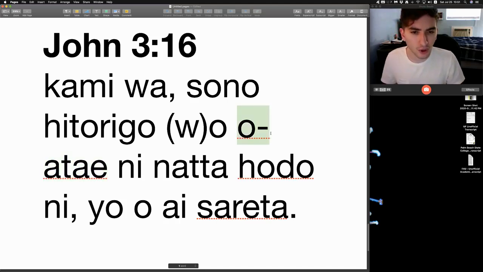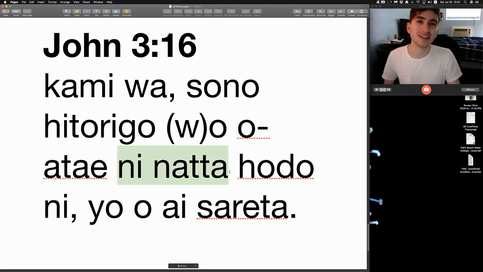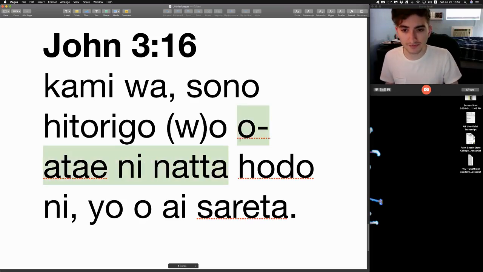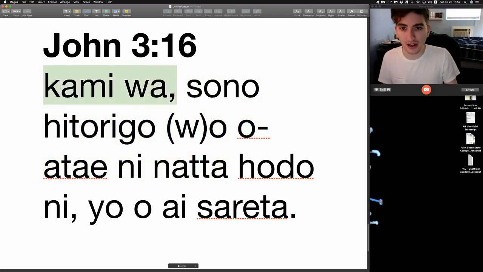And when you add o, atae ni natta, it becomes very polite. This is a very polite way of saying he gave to us. So God gave that only son.